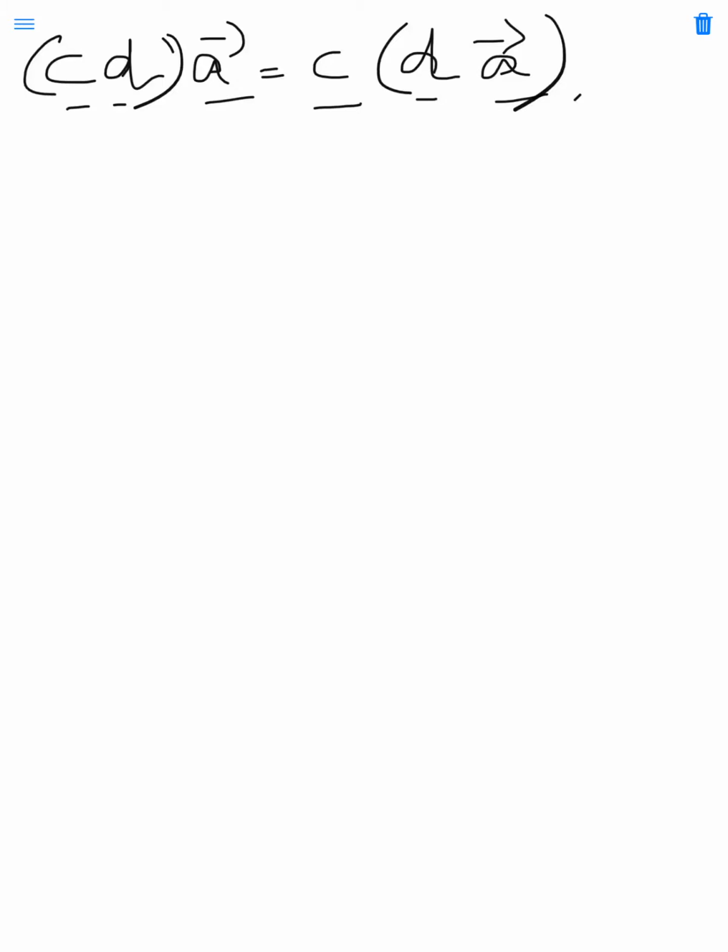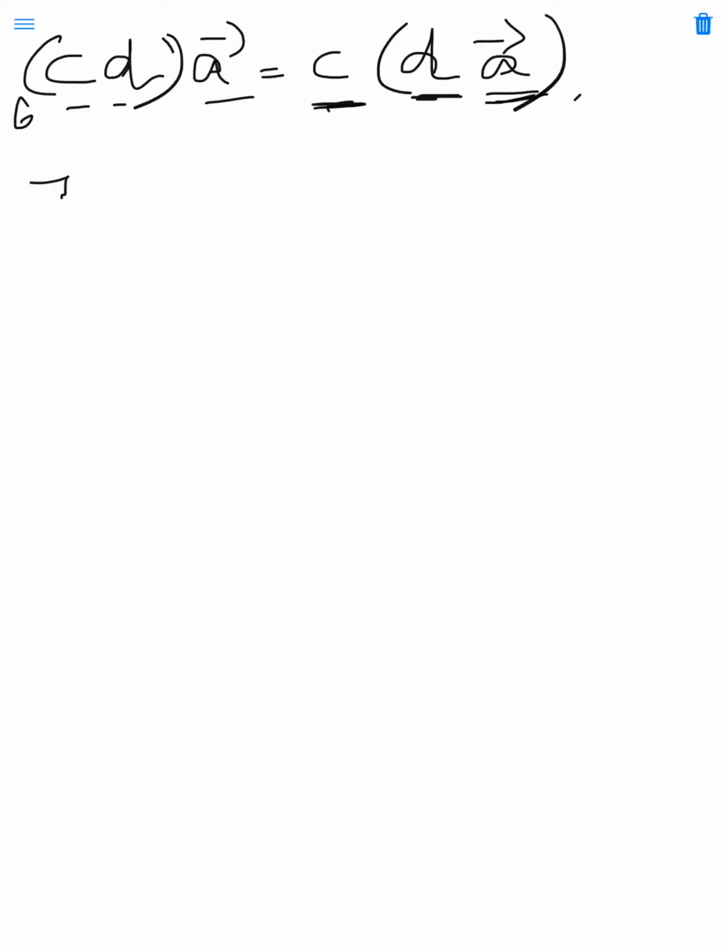Here vector A is the element that belongs to the vector space. So two scalars multiplied by the element, that is the vector A, is the same as c times the product of the other scalar multiplied by the element, that is d multiplied by the vector A.